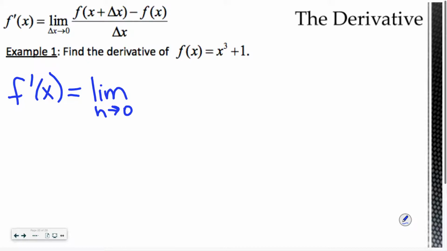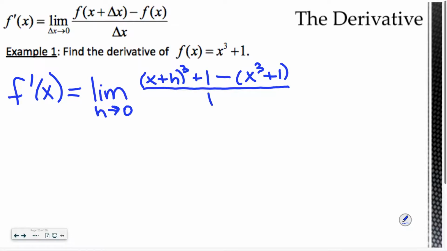That seemed to be what we were most comfortable with last time. f of x plus h minus f of x, all over h. Please make sure you're plugging x plus h in to wherever there is an x. So since I have x cubed plus 1, we have x plus h cubed plus 1.